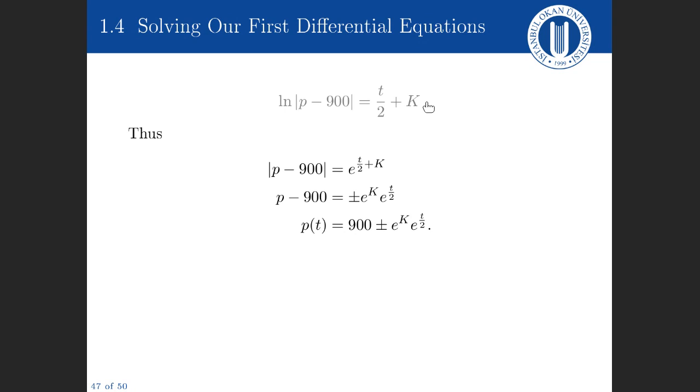The first thing I can do is take e of both sides. So I'm going to write e of the natural logarithm of the absolute value of p minus 900, which is just the absolute value of p minus 900. And then on the right-hand side, e to the power of t over 2 plus k.